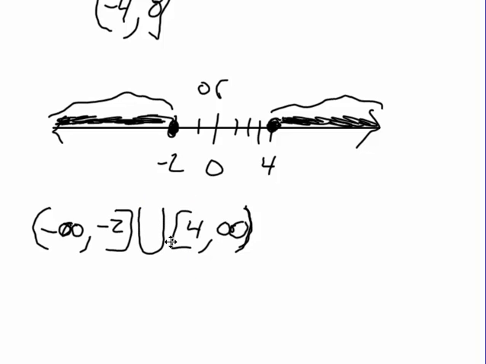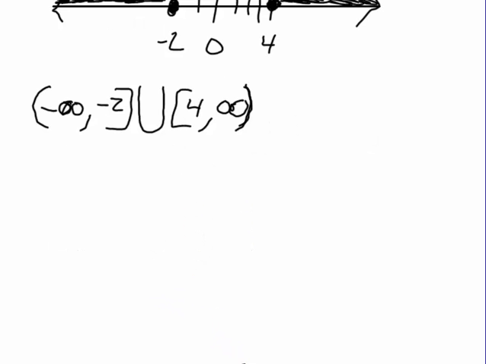Notice it looks like a capital U, but there's no tail on the U. Okay, so now this mathematically tells me that I'm looking at all the numbers between -infinity and -2, including -2, or all the numbers between 4 and infinity, including 4.